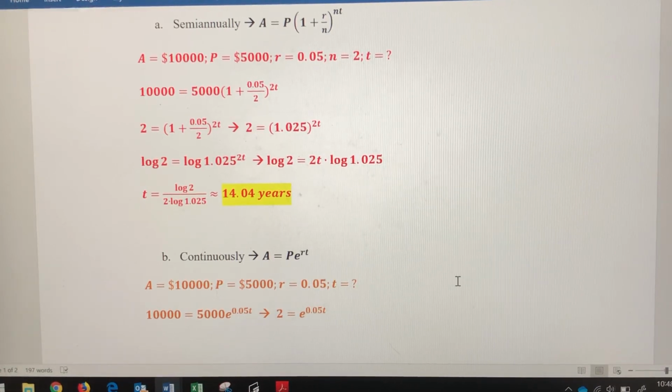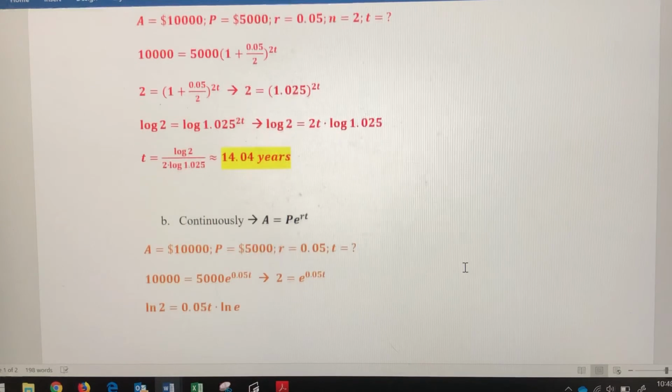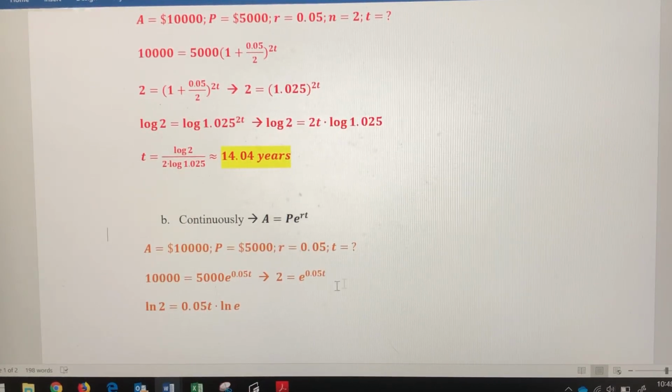Because e is my base, I'm going to use the natural log this time. So let's take the natural log of both sides, and in the process, I'm going to move my exponent down front using the power property. So natural log of 2 equals 0.05t times natural log of e. Remember, natural log of e is 1.